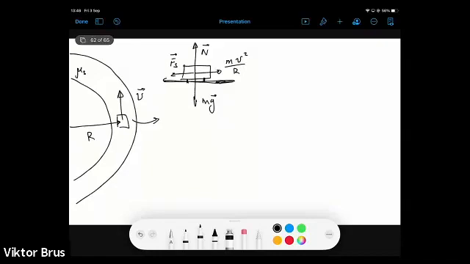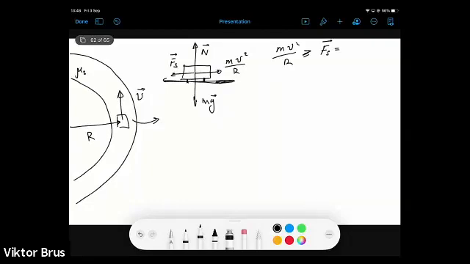So obviously, in order to start sliding, this mv squared over r should be equal to or larger than static friction force.